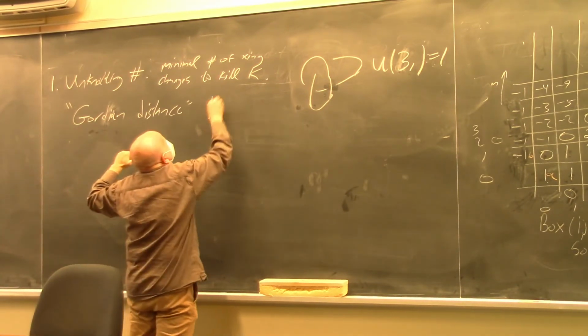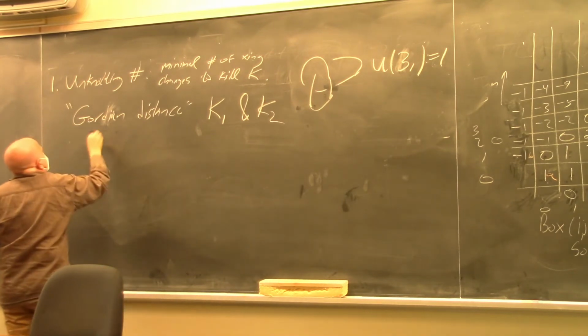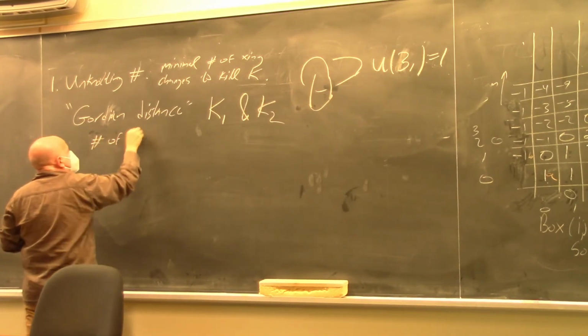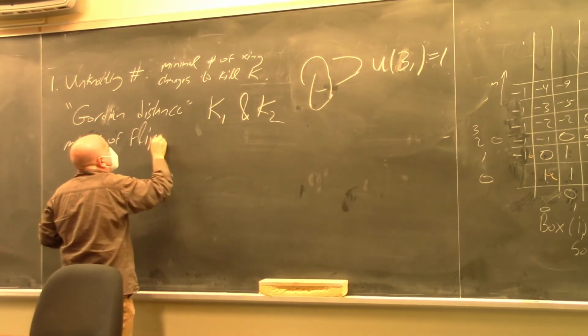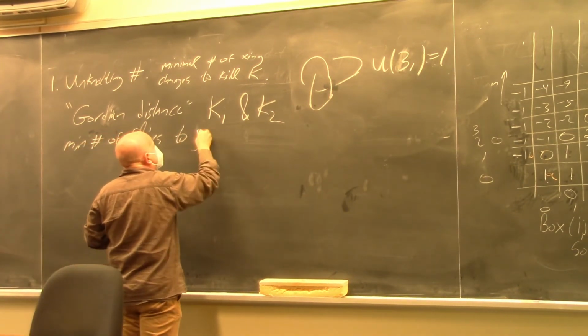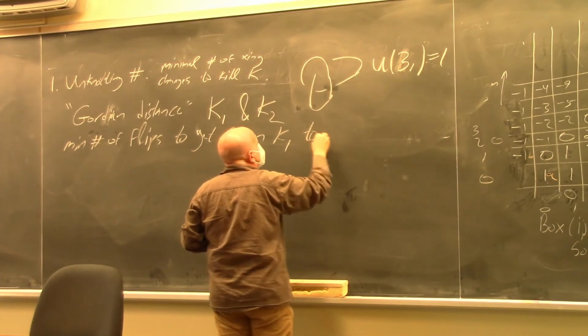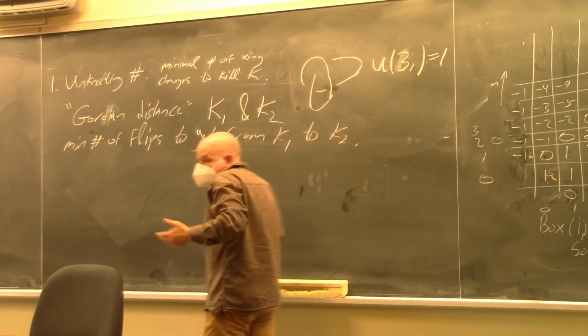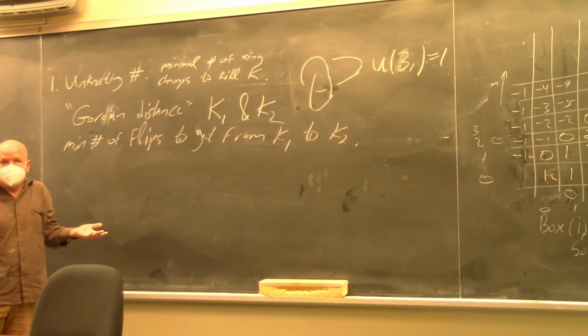So if you have K1 and K2, it's the minimal number of flips to get from K1 to K2. Again, how do you compute that? How do you bound that?